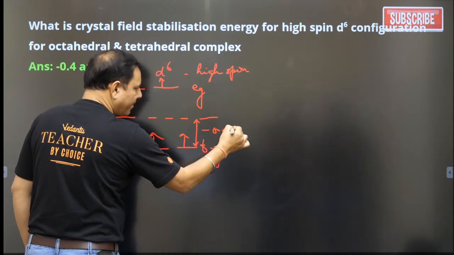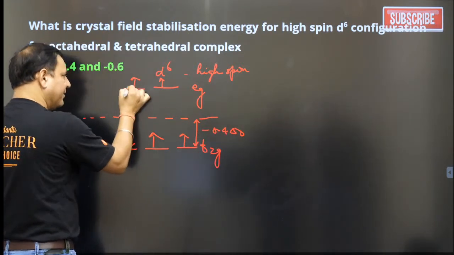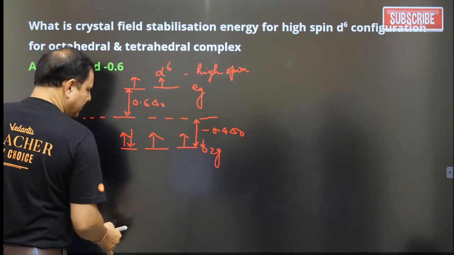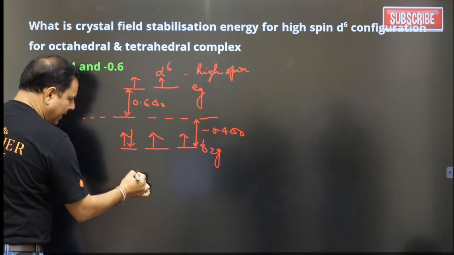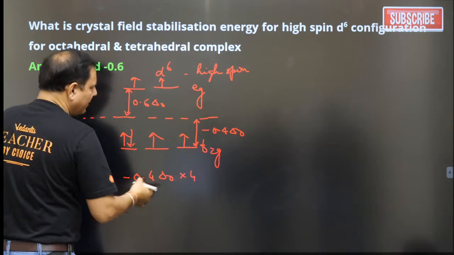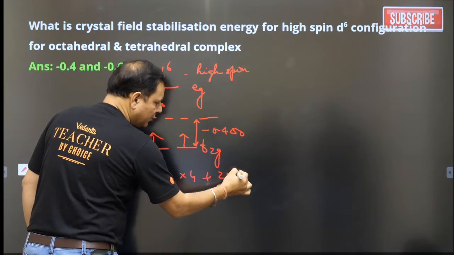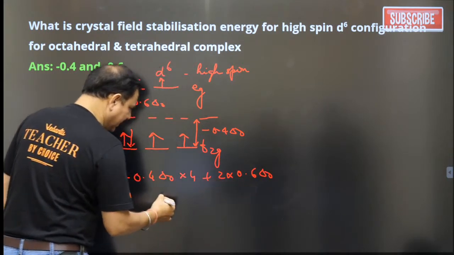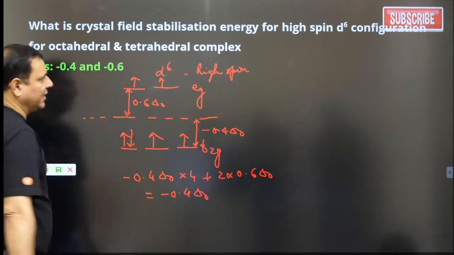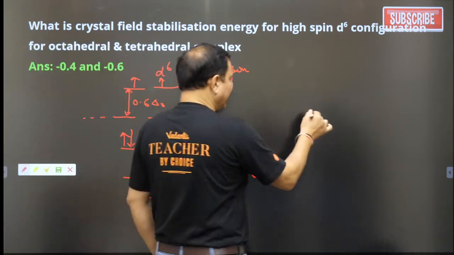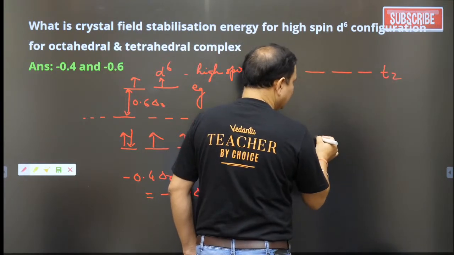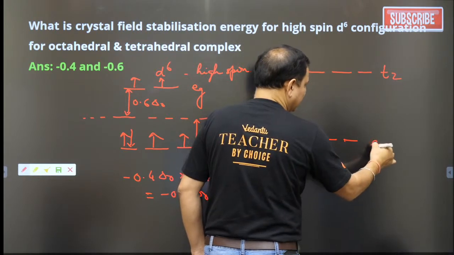So the additional electron will go to eg. From the barycenter, t2g is minus 0.4 delta O and eg is plus 0.6 delta O. For 4 electrons in t2g and 2 in eg, CFSE will be minus 0.4 delta O multiplied by 4 plus 2 into 0.6 delta O. This comes out to be minus 0.4 delta O in an octahedral field.